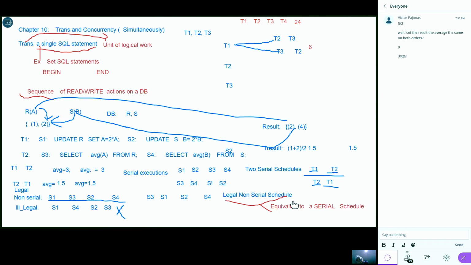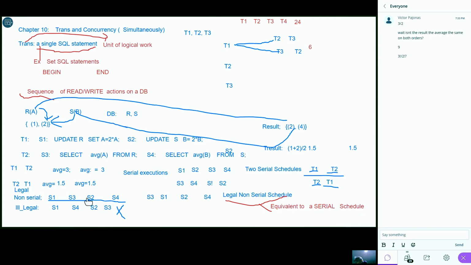If a schedule can be serialized, it will be let through. A non-serial schedule will not be let through. Why? Because a schedule which cannot be serialized, that means not equivalent to a serial schedule, it leaves the database in something called an inconsistent state.